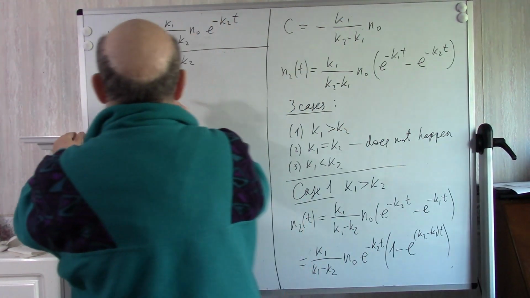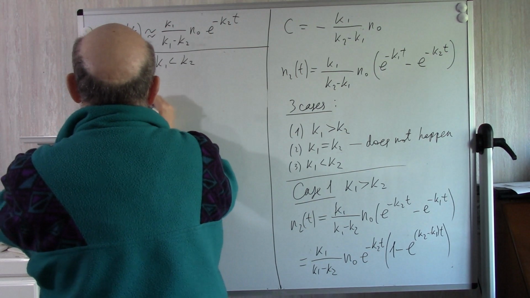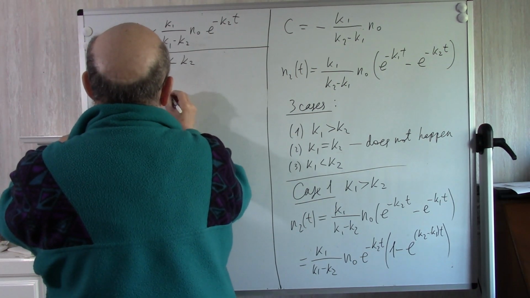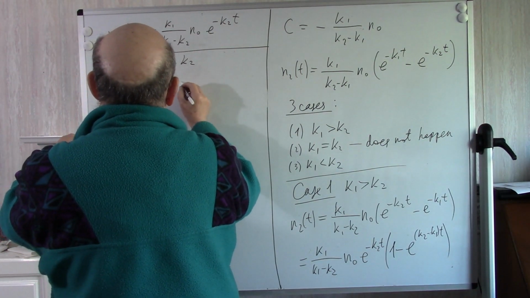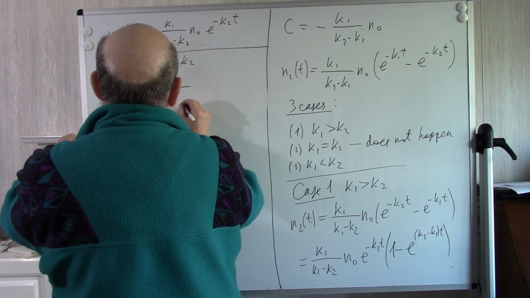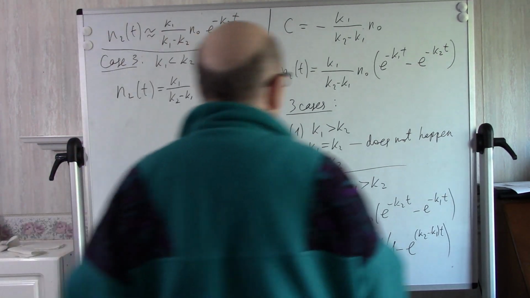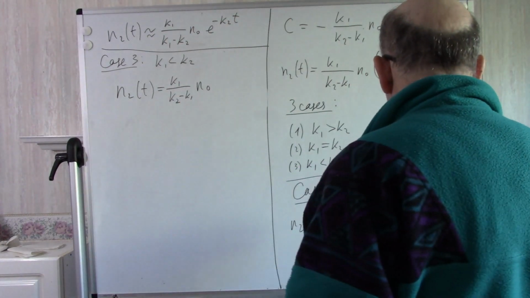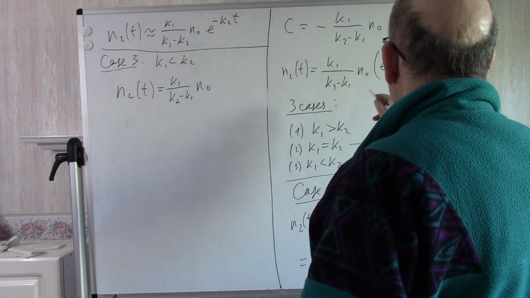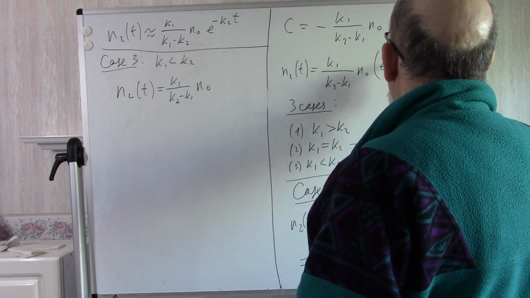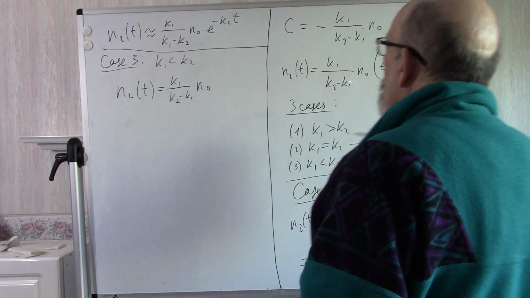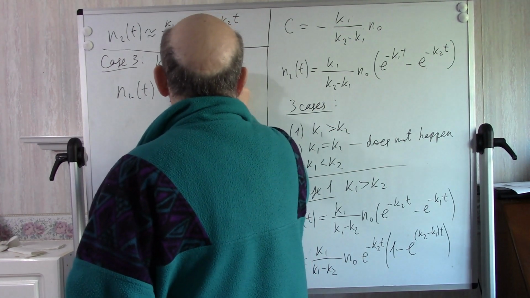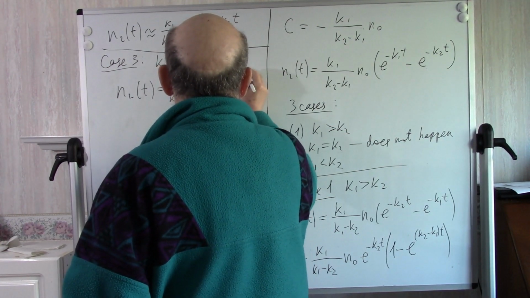So we have N2 of t equals K1 over K2 minus K1 and N1(0), times e to the minus K1t minus e to the minus K2t, where e to the minus K1t.